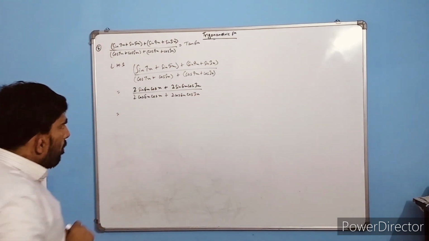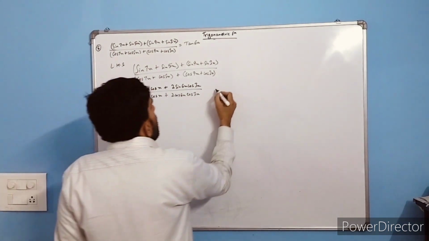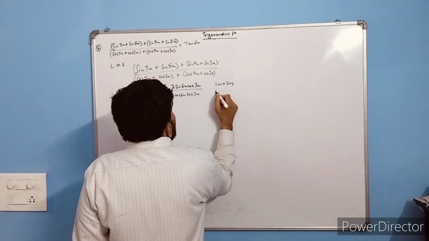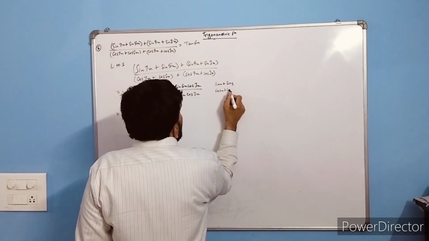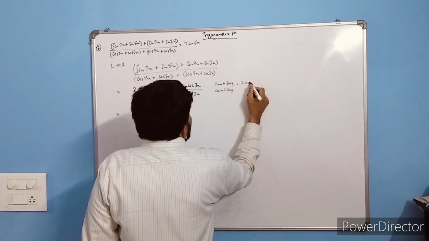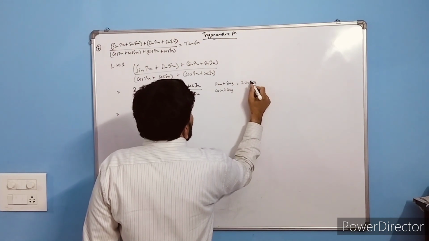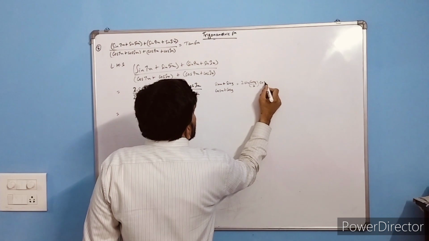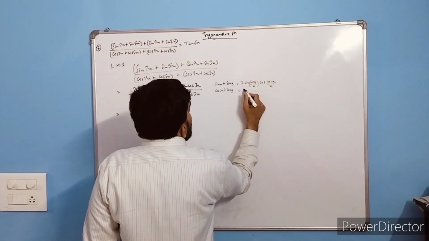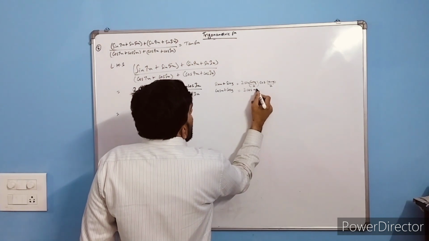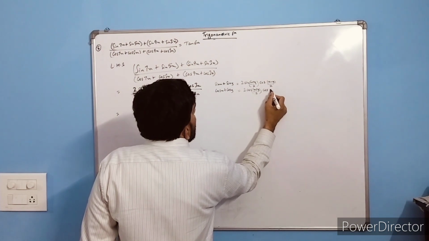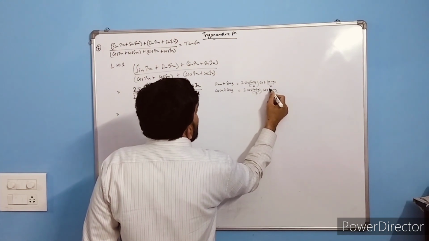So we can see here we have applied two identities, sin x plus sin y and cos x plus cos y. What is it? 2 sin x plus y by 2 cos x minus y by 2, and here also 2 cos x plus y by 2 and cos x minus y by 2.